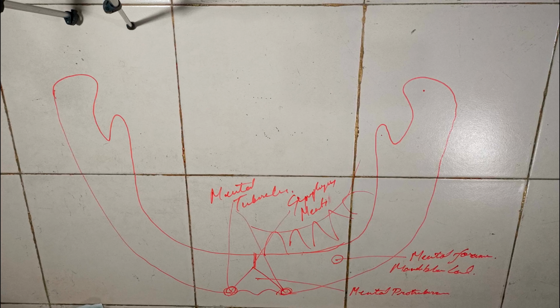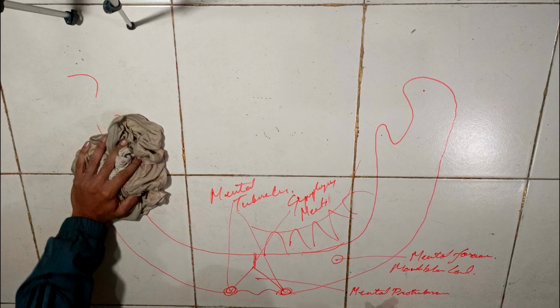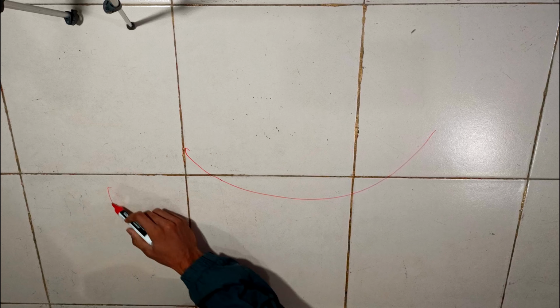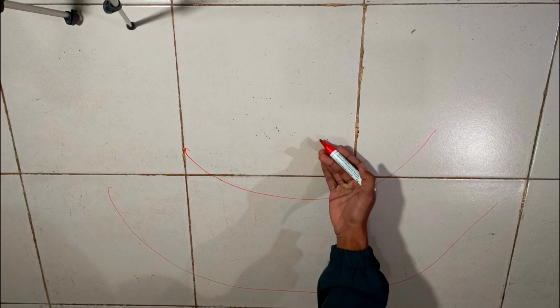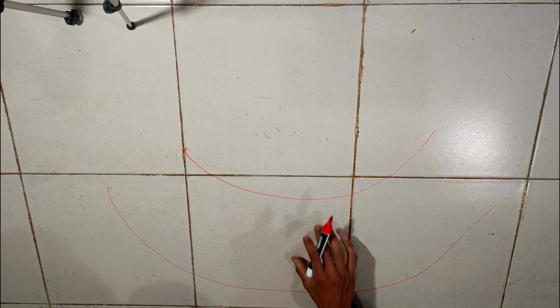Now we'll draw the view from the posterior side, or from the inside of the mouth. If we look at the other side of the body of mandible, this will be the symphysis menti, and this is the center portion.